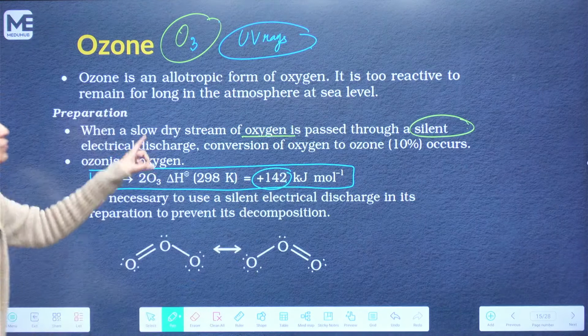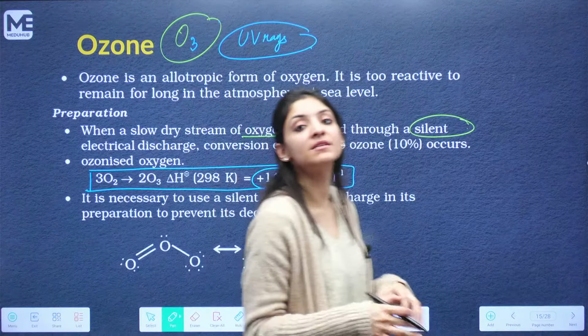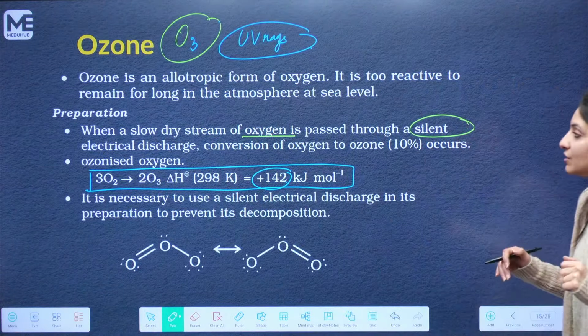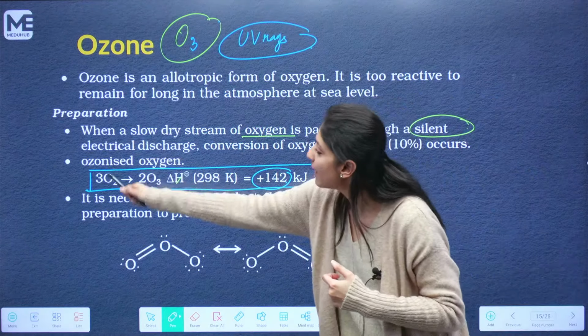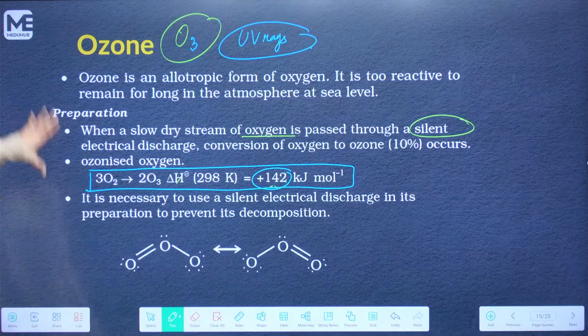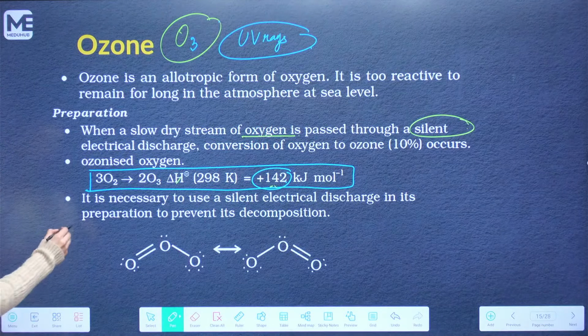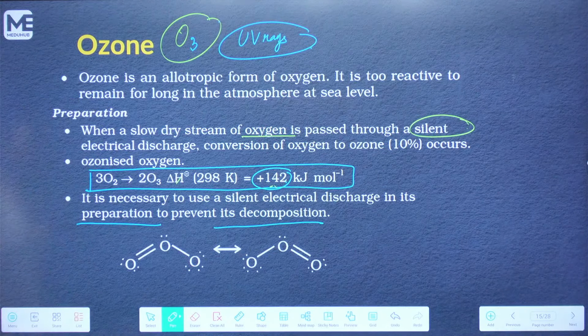Right? A silent electrical discharge means a sparkless discharge, which produces less heat energy. Because if a lot of heat is produced, then ozone would decompose back to oxygen, since this reaction is endothermic. This is the method of preparation. So to prevent its decomposition, a silent discharge is used.